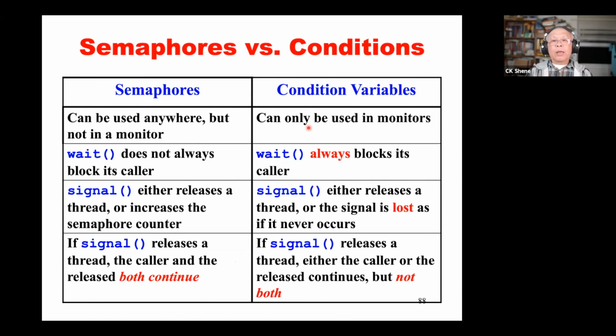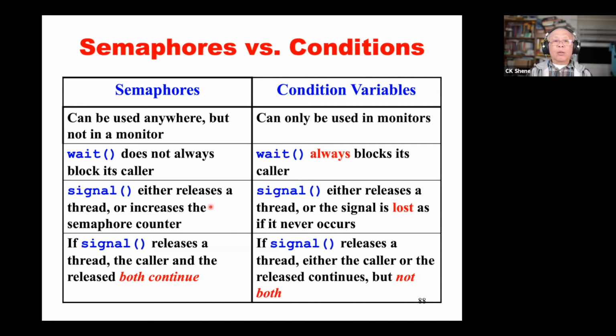A thread that does a condition wait or condition signal must have the button that represents the mutual exclusion of that monitor. When you call semaphore wait, it does not always block its caller. For a condition variable, when you call condition wait, you are always blocked.